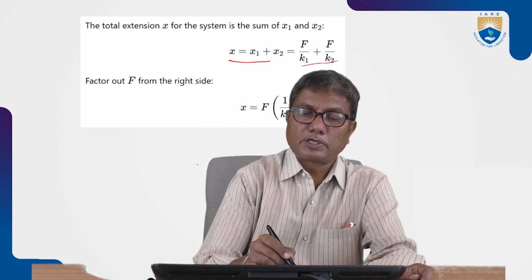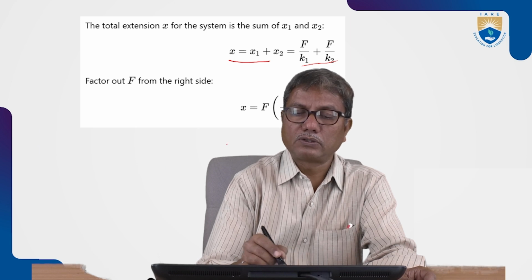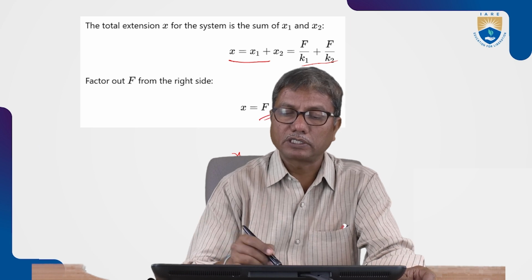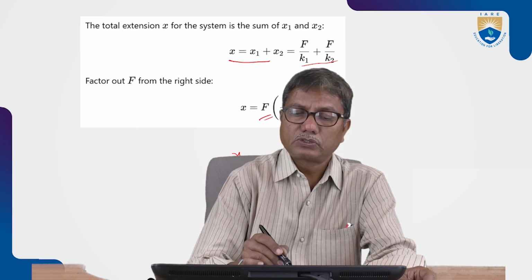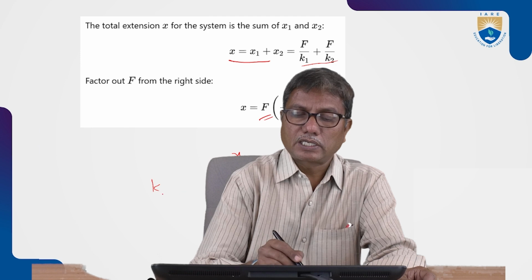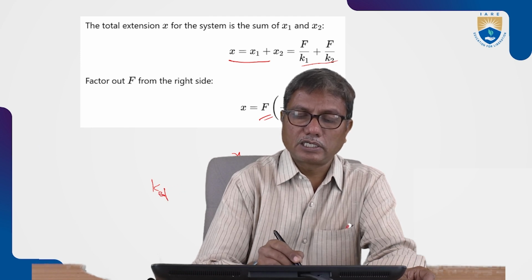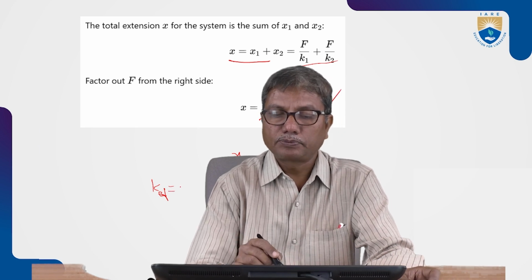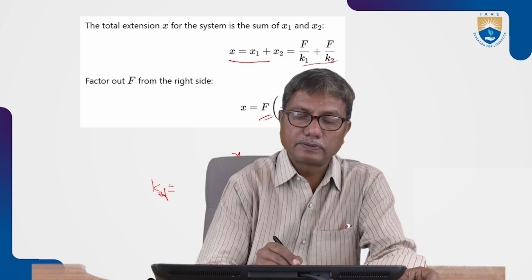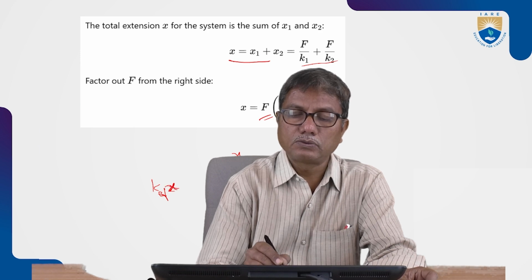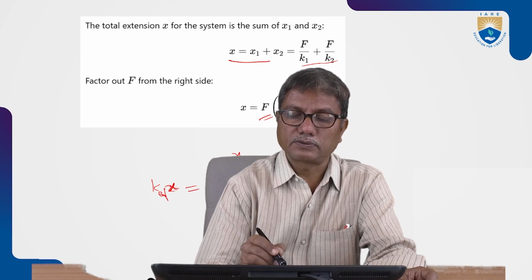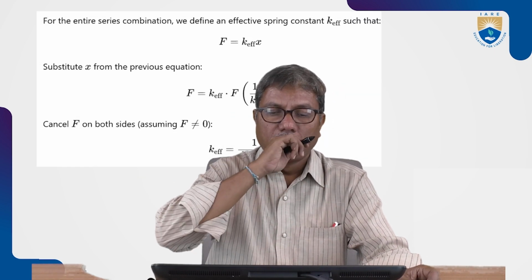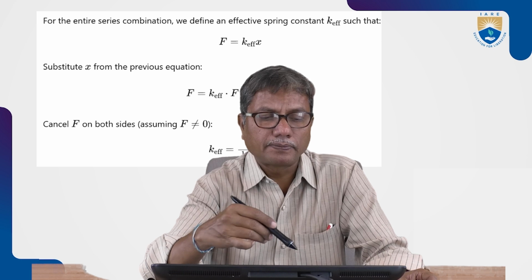Now the spring which replaces this should have the same extension X under the force F. So if K equivalent, or K effective, is the stiffness of the spring which replaces, then K effective into the displacement is equal to F. This relation we use. So let us see that.